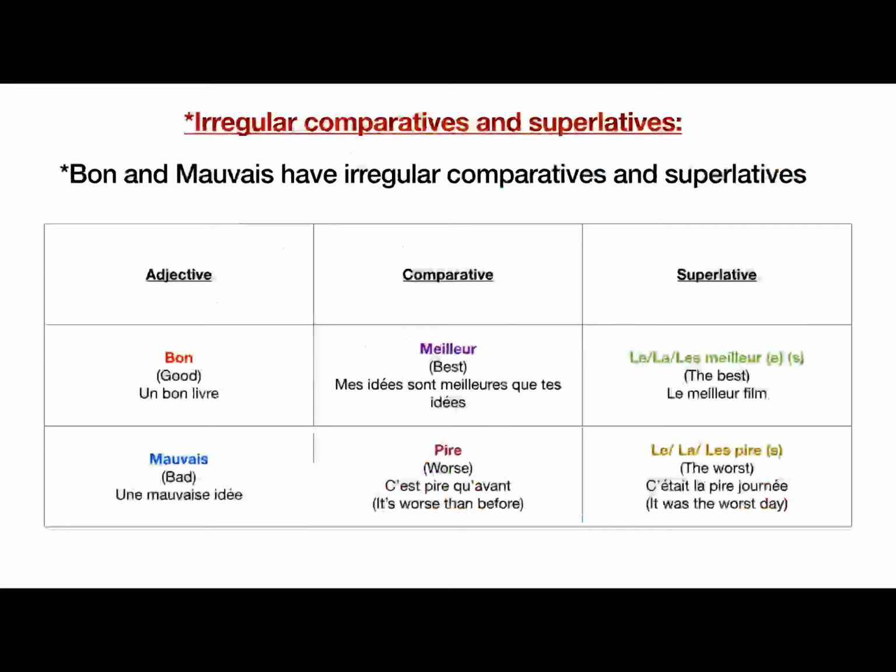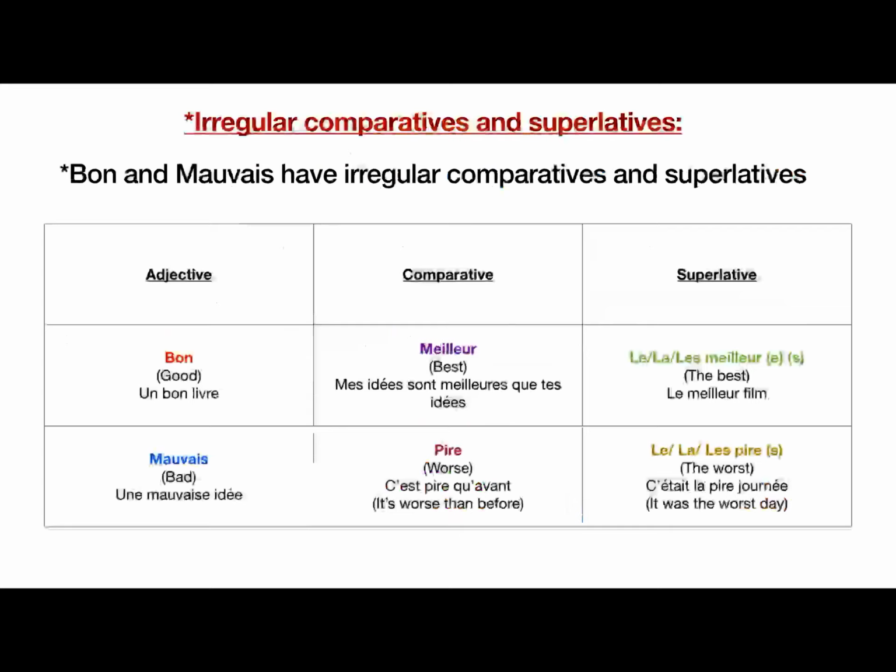Okay, my ideas are better than yours, or are best than yours. But that actually should say better there in that. I must change that in the presentation. In the superlative, it changes to le meilleur. So to make it really the best, you put le before it. Le meilleur film. C'est le meilleur film de l'année. It's the best film of the year. You're being very definite in that.